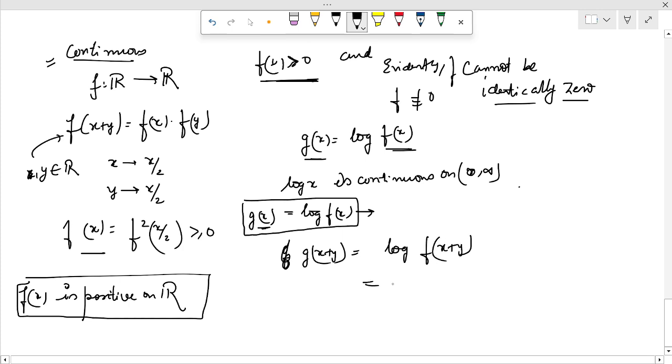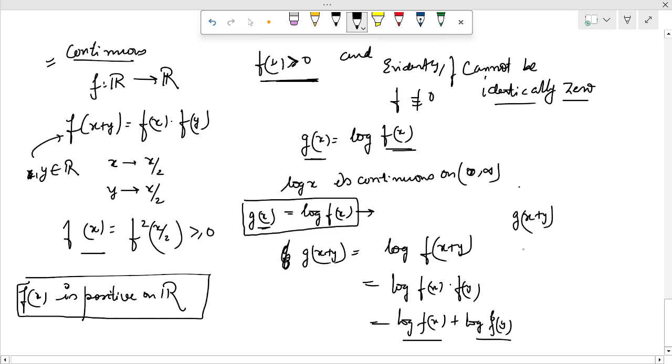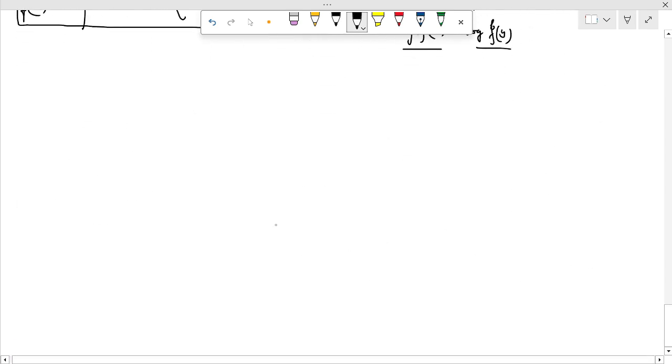And what is log of f(x + y)? It will be equal to log of f(x) times f(y), which is log of f(x) plus log of f(y). And log of f(x) is g(x), log of f(y) is g(y). So it implies that g(x + y) is equal to g(x) plus g(y) for all x, y belonging to R.